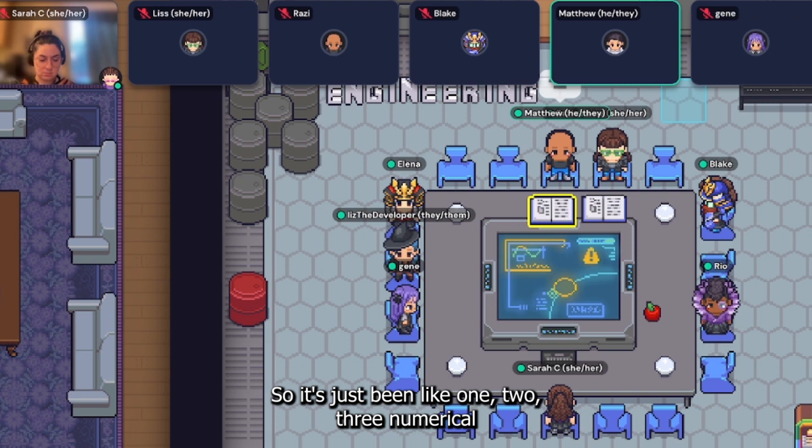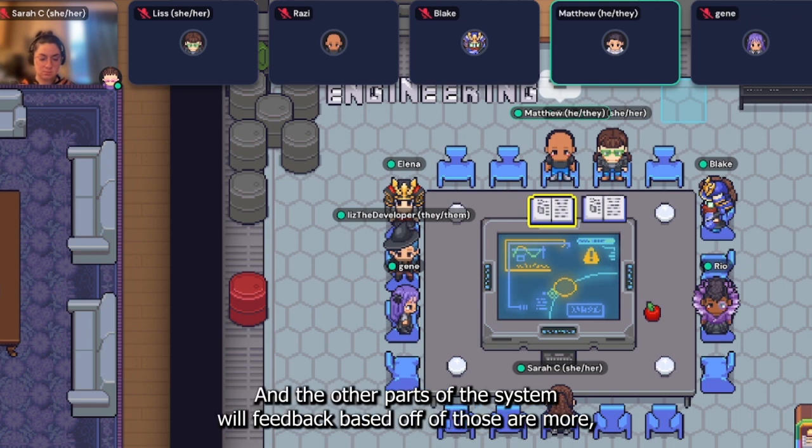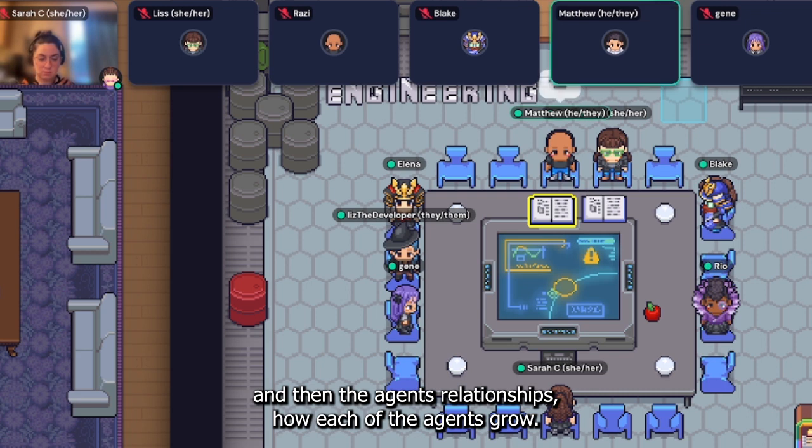So it's just been 1, 2, 3 numerical, and usually parts of the system will tick up in relation to time, and then other parts of the system will feed back based off time's relationships to an agent, and then the agent's relationships to how each of the agents grow.